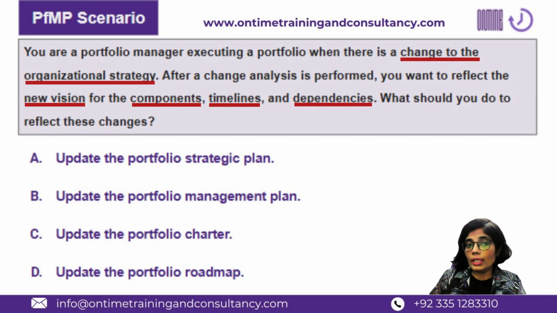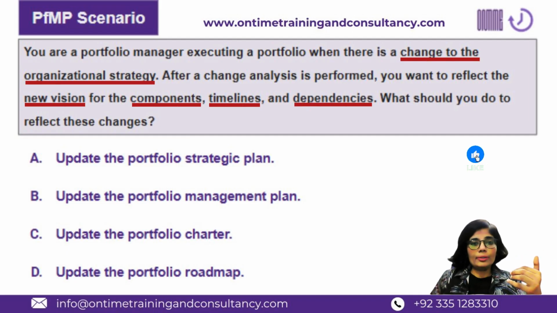But there is one more aspect to this question, that you want to reflect the new vision for the components, timelines, and dependencies. So it's not the whole vision. It's that particular perspective which is reflected in timelines, dependencies, and the components.